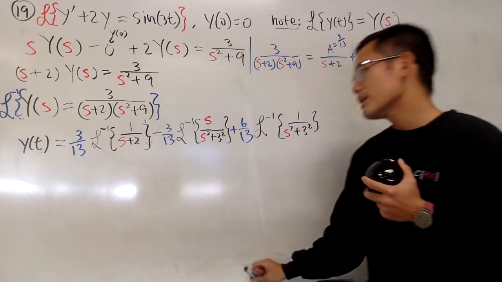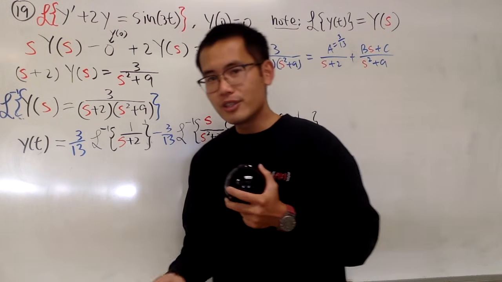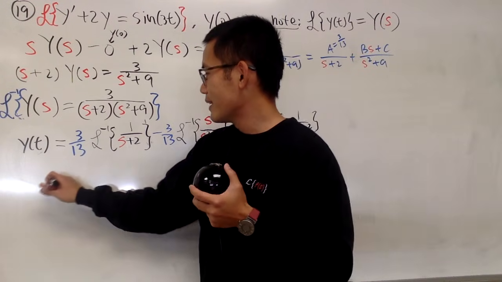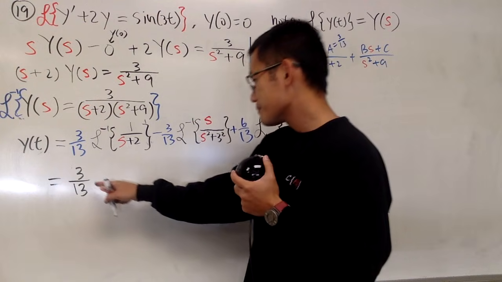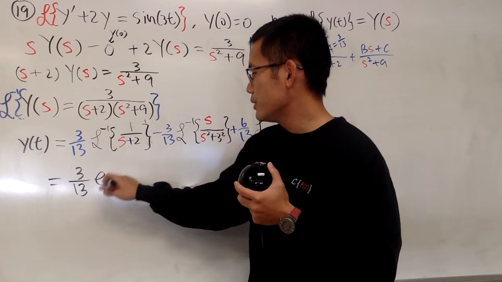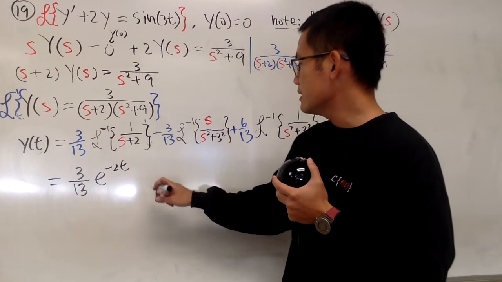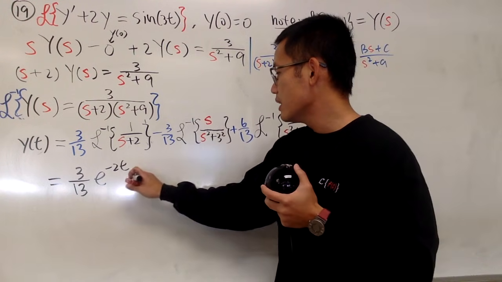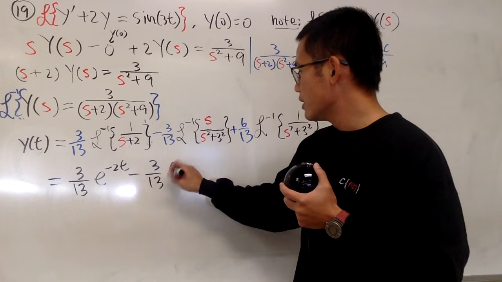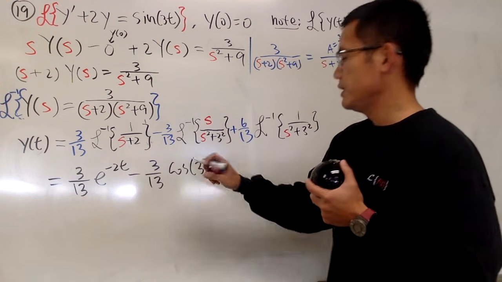Whew. All right, now, ladies and gentlemen, the first differential equation with Laplace is equal to 3/13 e to the negative 2t, and then this is good. It's the cosine, so you don't have to divide whatsoever. Minus 3/13 cosine of 3t.